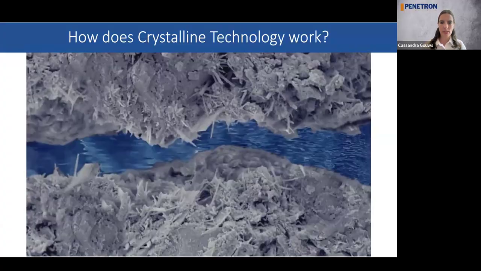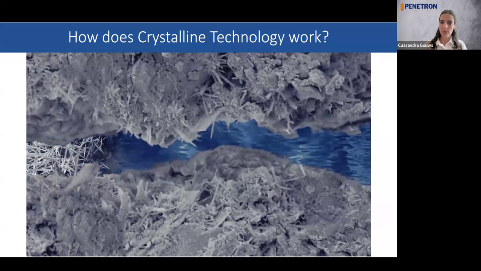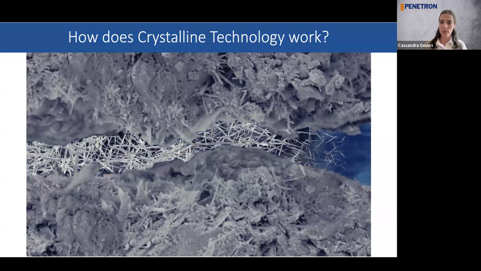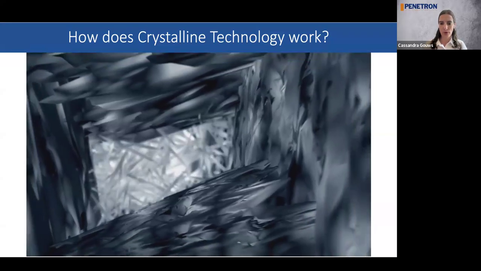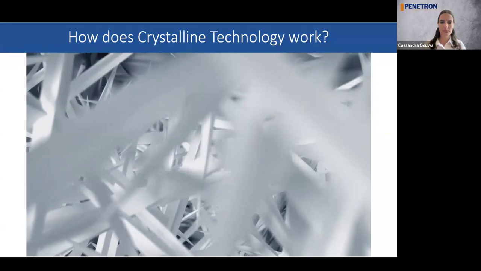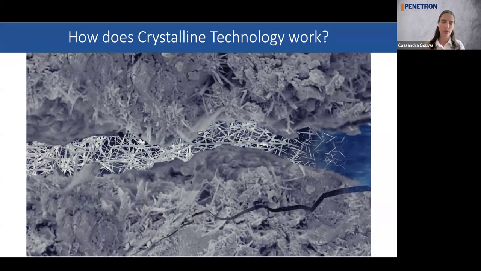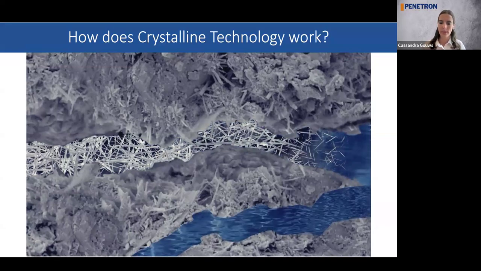They knit together, and although they stop water or liquids from moving through your concrete, it still allows air or vapor to move through your concrete. There you can see the vapor moving through the crystal. So it stops the water or the liquid, but it still allows air or vapor to move through, allowing your concrete to breathe.